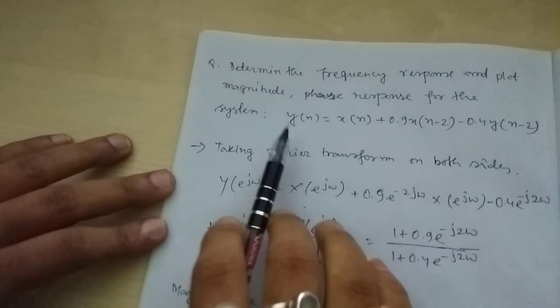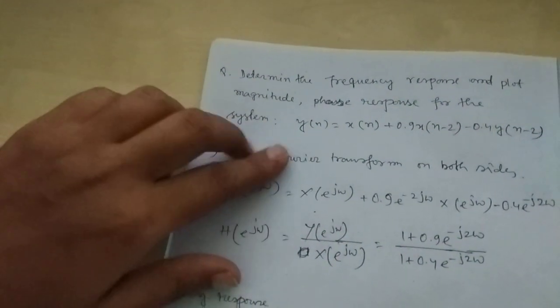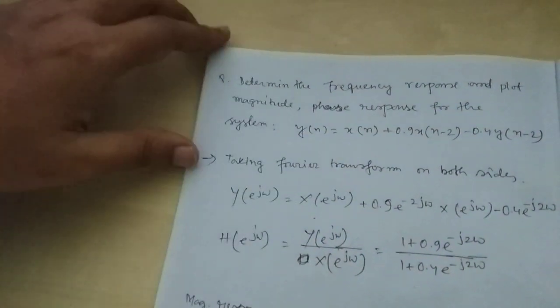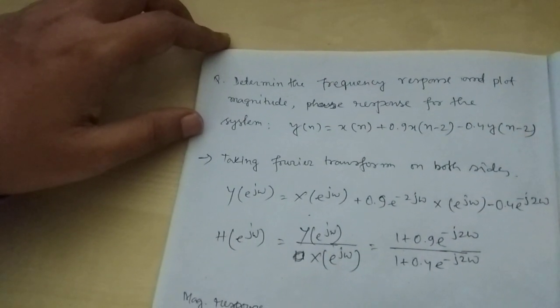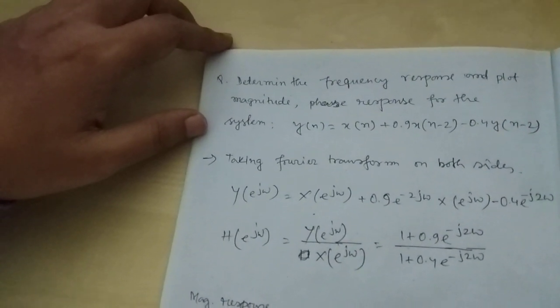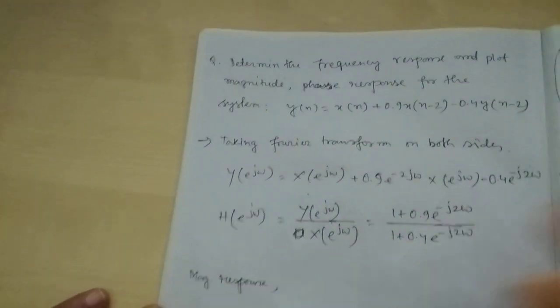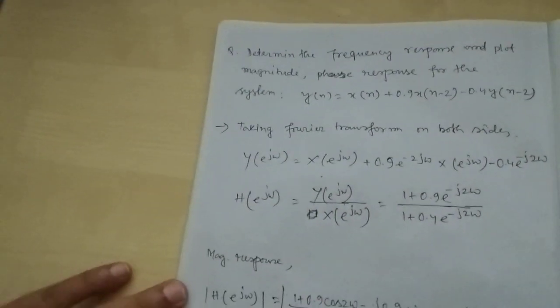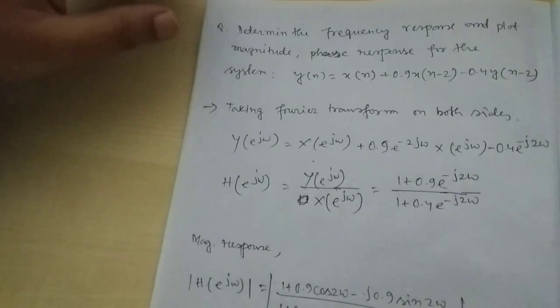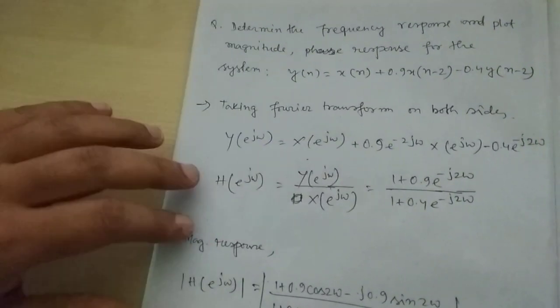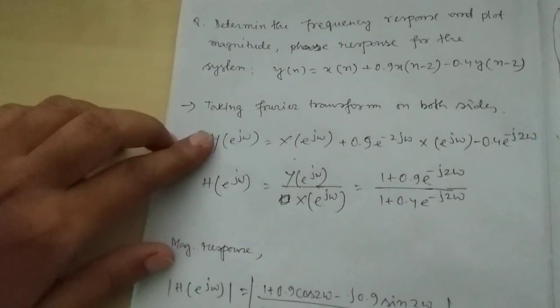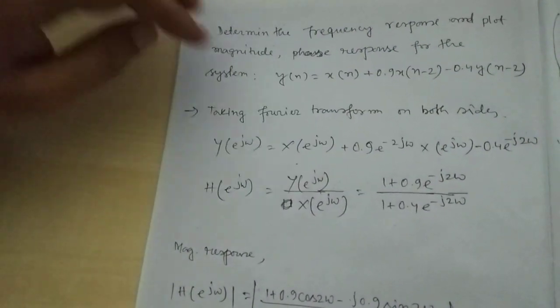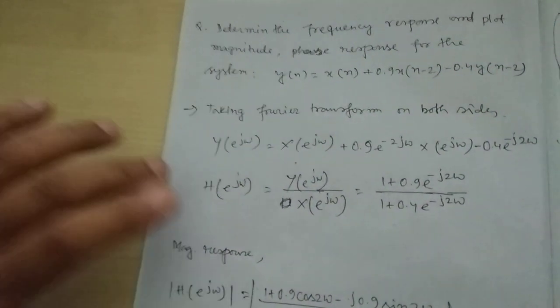You see here, I will consider the system y of n equal to x of n plus 0.9 x of n minus 2 minus 0.4 y of n minus 2. In this system, I will show you how to solve theoretically. So first, taking the Fourier transform of the system on both sides.